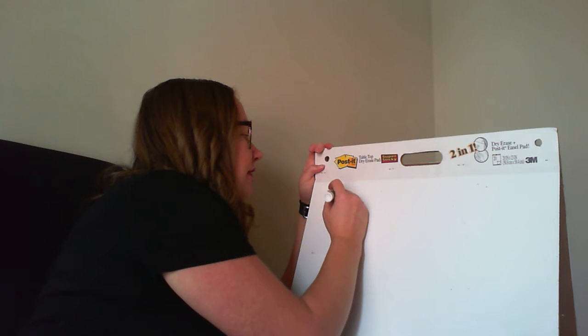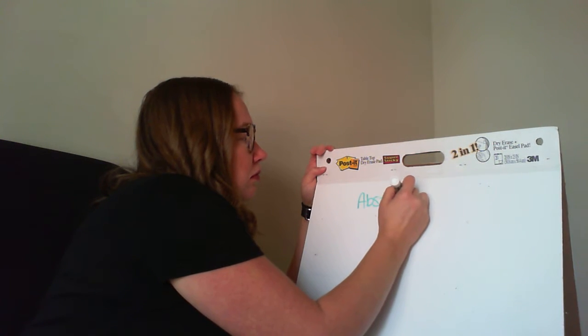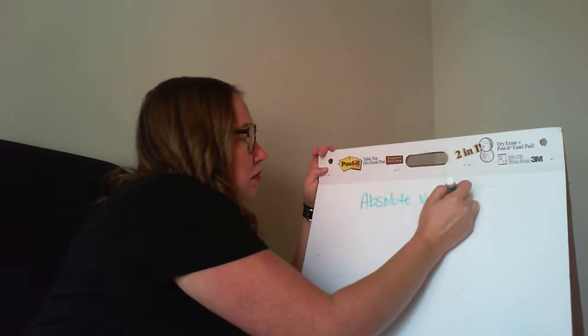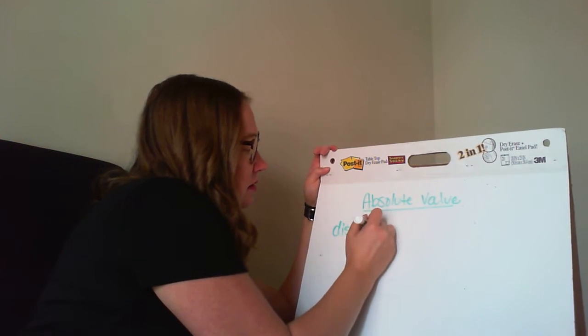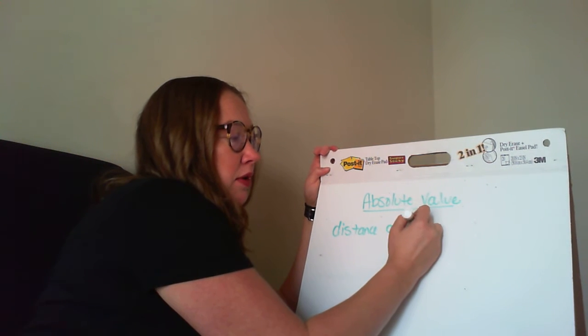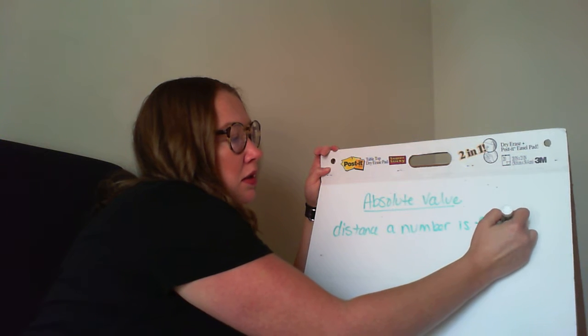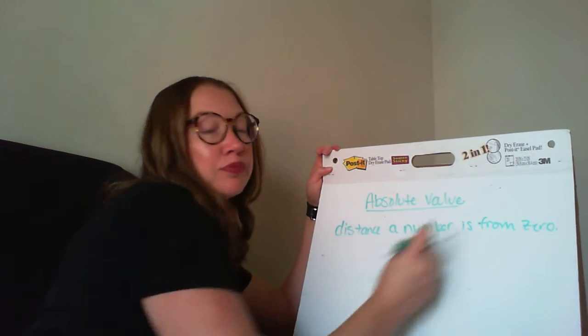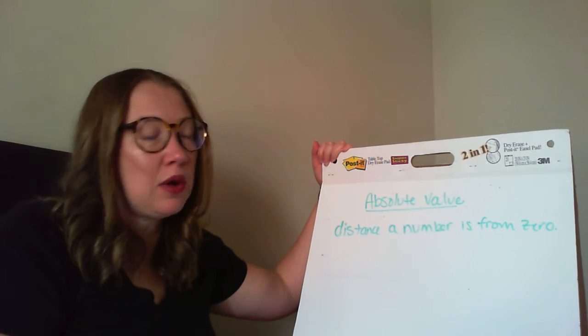So the absolute value is the distance a number is from 0. It is how far a number is away from 0.